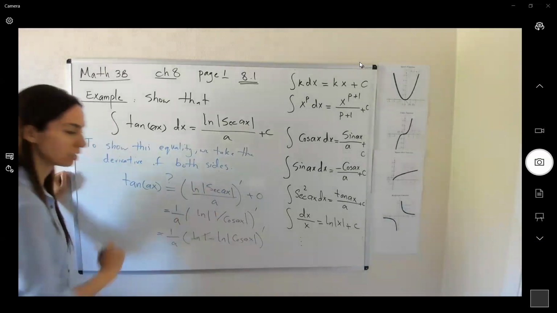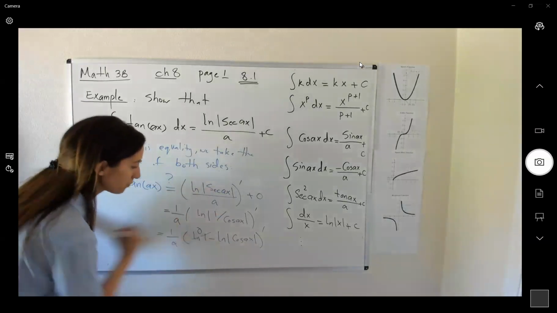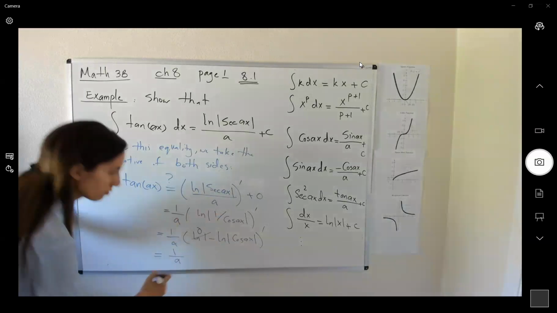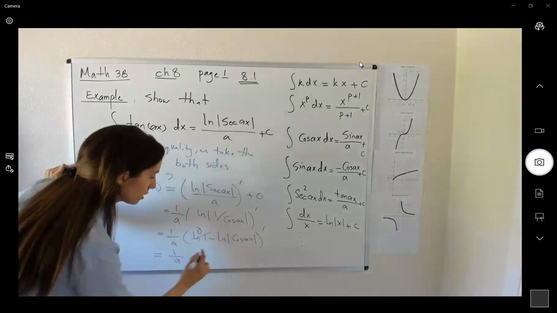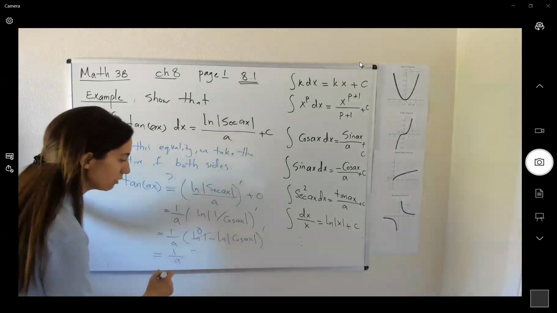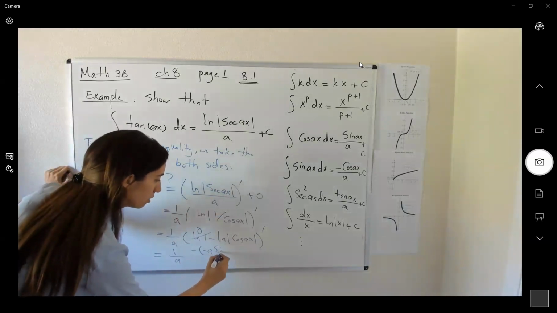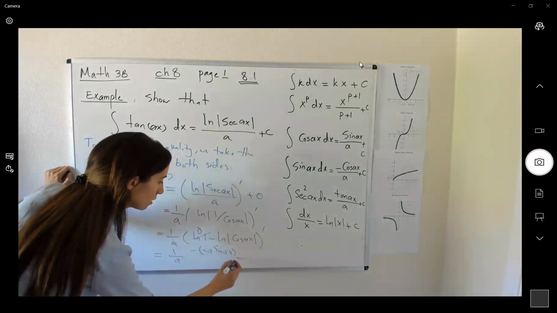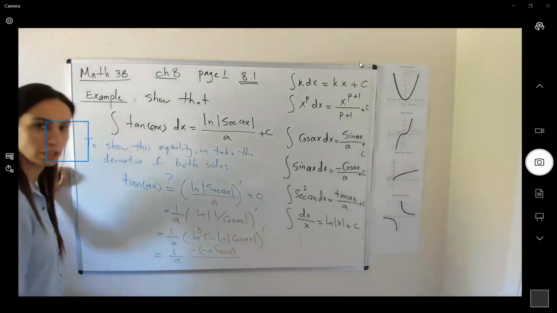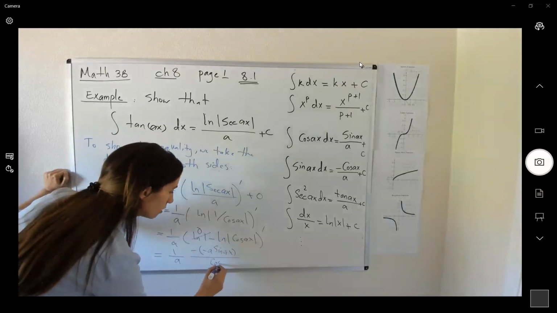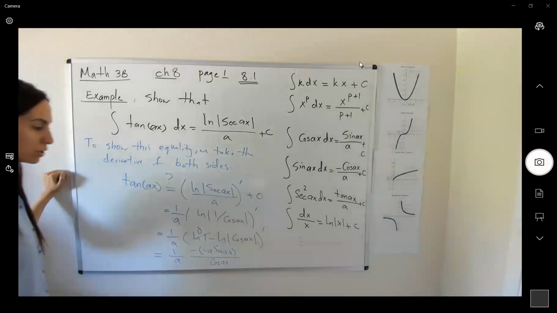ln of 1 is equal to 0. Here you have 1 over a. The derivative of cosine, you already have a negative sign in front of it, is negative a sine ax divided by, and then since you're taking the derivative of ln, you have to have cosine ax down here.